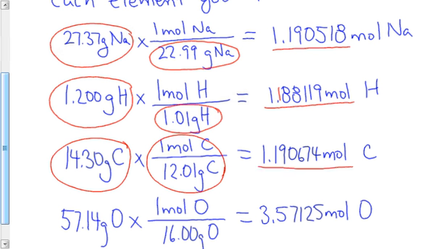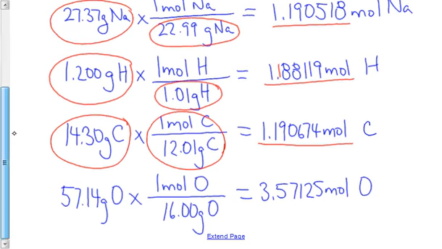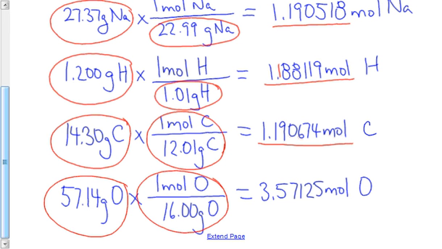So remember, I went from grams to moles in each of these cases. And finally, with my sample, 57.14 grams of oxygen, use the conversion factor, get this information from your periodic table, and I find out I have about 3.5 moles of oxygen.